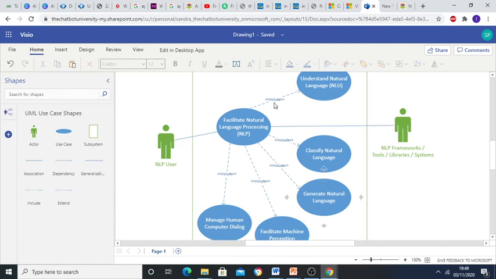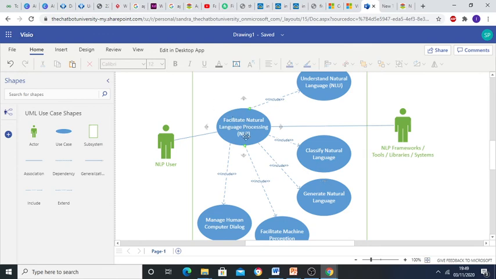So as I said, include means that must be used to achieve that. As part of modeling, the machine must understand the language. As part of classifying the language, as part of facilitating natural language processing, the machine must classify the natural language.